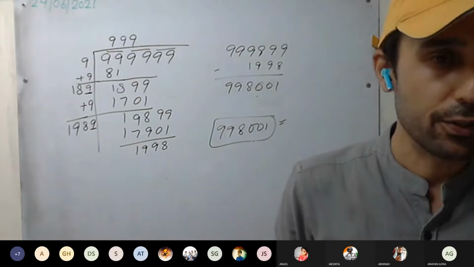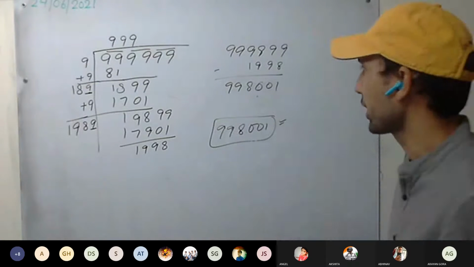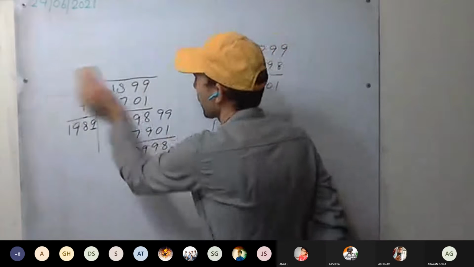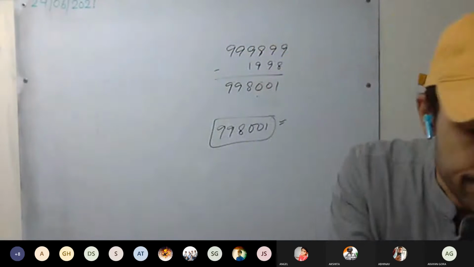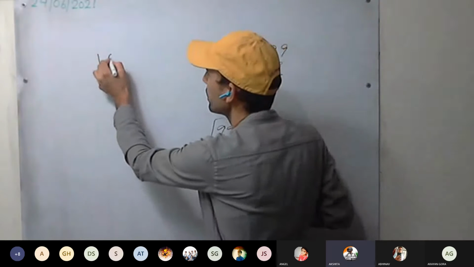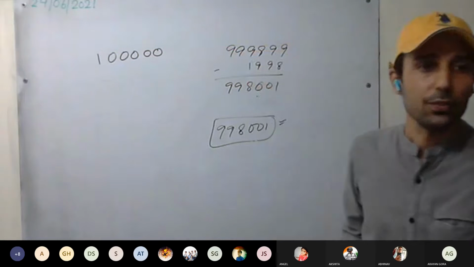Okay, 19th, how are we going to do it? Find the smallest 6-digit number which is a perfect square. What is the smallest 6-digit number? 1 and 5 zeros.